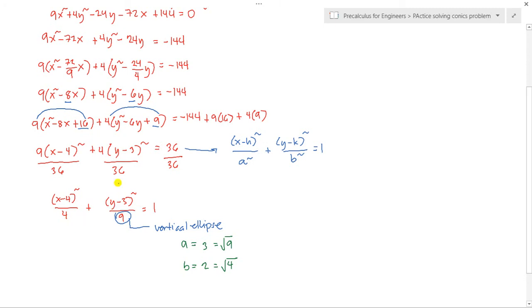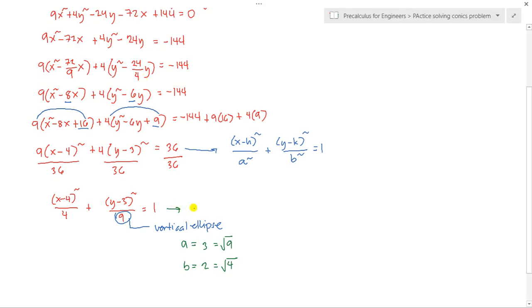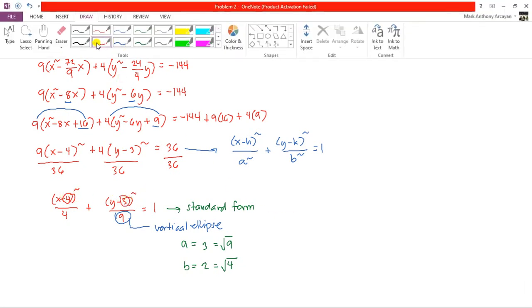So out from this is our standard form, which is our final answer. From the standard form, we see the 4 and 3, which are the values for the coordinates of the center of the ellipse.